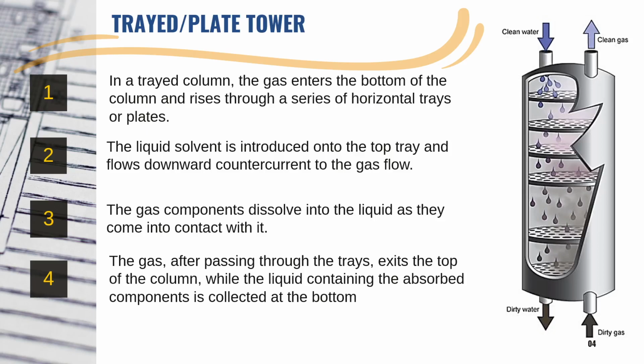So the liquid solvent that is introduced will flow over the tray and down through the column, collecting the absorbed component from the gas. The component of interest that we want to take up from the dirty gas is absorbed in the liquid flow.